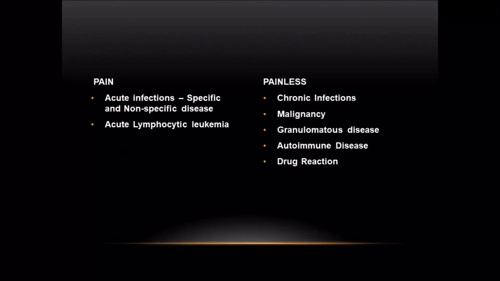As far as the pain is concerned, acute infections cause more pain, as well as a malignancy. Acute lymphocytic leukemia again is a painful swelling of the neck lymph nodes. Certain chronic infections, such as TB, and malignancy, granulomatous disease, autoimmune disease, and certain drug reactions to allopurinol, captopril, penicillin, phenytoin, can cause painless cervical lymphadenopathy.